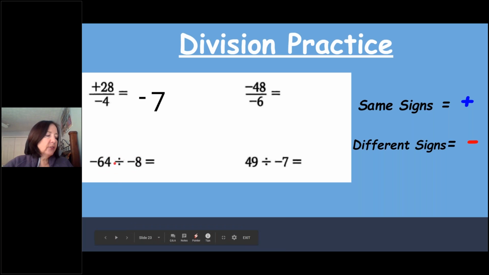Let's go down here to negative 64 divided by negative 8. That answer, will it be a positive or a negative? It's going to be a positive. Nice. Positive what? Positive 8. That's it. How about negative 48 divided by negative 6?